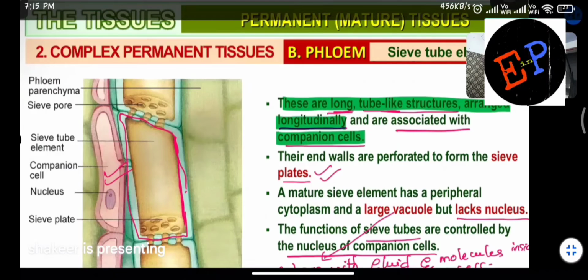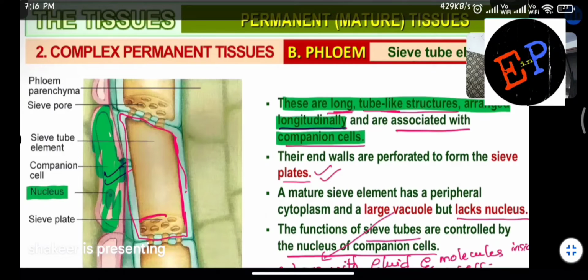It means beside these sieve tube elements you can find one more structure, called the companion cell, and in the companion cell you will find a nucleus also, and this nucleus regulates the functioning of these sieve tube elements. Able to understand what I am saying? The nucleus present in the companion cells maintains the pressure required for the sieve tube elements. The end walls are perforated to form the sieve plates. So what is meant by sieve plates here?